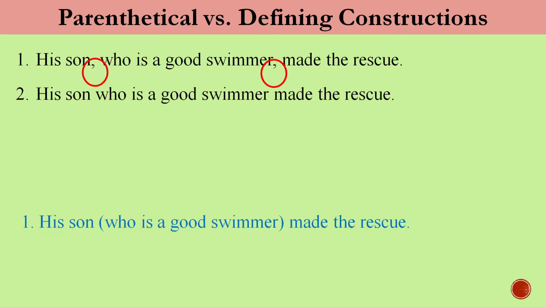Here, who is a good swimmer is an optional addition, which we can drop to simplify the sentence: his son made the rescue. So we know he has only one son. But if you look at sentence number 2, without any commas, here he has more than one son, and we are talking about one particular son who is a good swimmer.